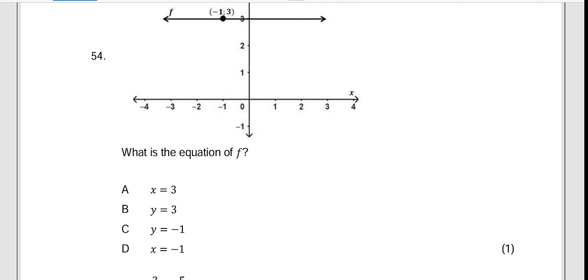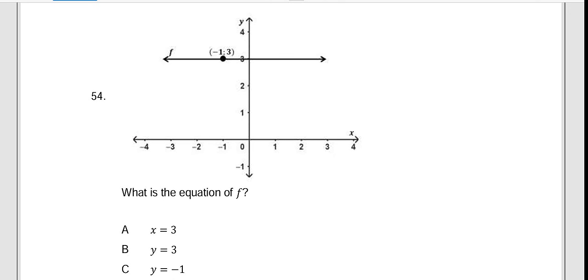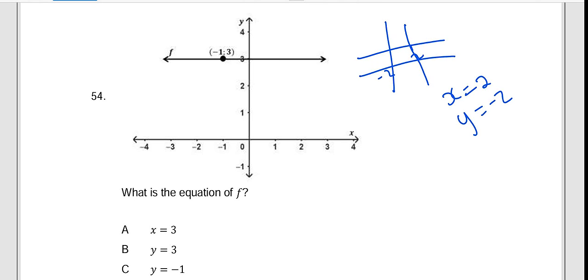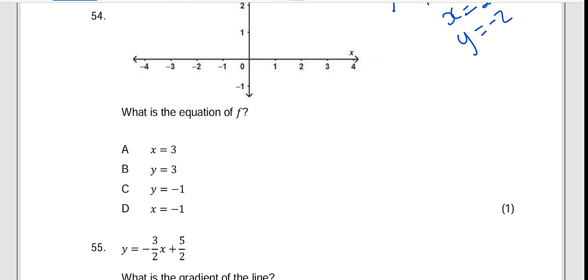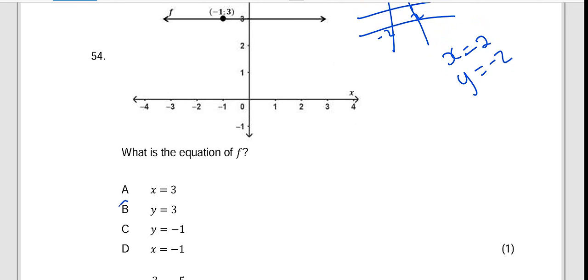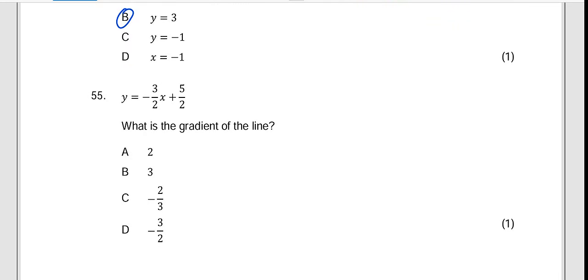What is the equation of f? Guys, when you see a horizontal or vertical line like this, if it is vertical, just note that the value is x equals 2. But if it is horizontal, just know that it's y equals that value. This one is a horizontal line, meaning that our equation cuts the y-axis at 3. So the correct option is y equals 3.